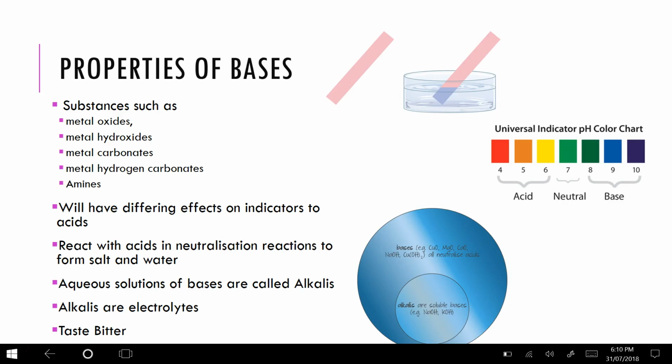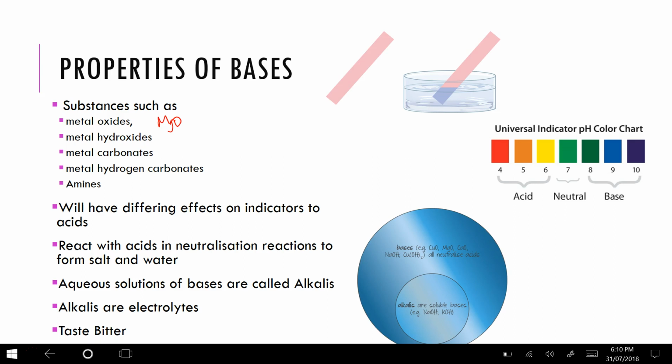If we look at the properties of bases, they're different to what they are with acids. Bases can be things like metal oxides, so this could be something like magnesium oxide that we made by burning magnesium in oxygen in semester 1.